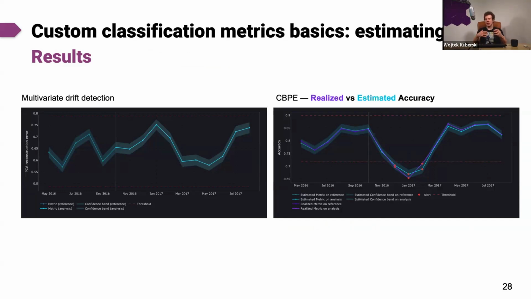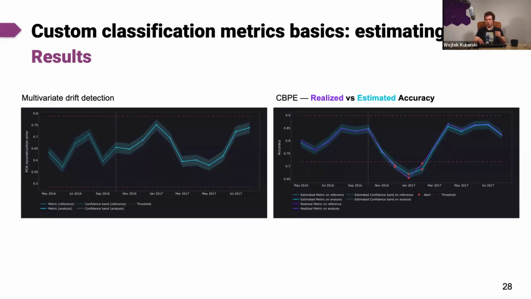And here we see a kind of inverse idea, that even if we see no strong multivariate drift, we still might observe a significant drop in model performance. That is something we should be worried about, because even if drifts are small, if we're getting close to the class boundary, for example, the model performance can basically crater very fast, which might not be captured by the method that we're using to detect data drift.